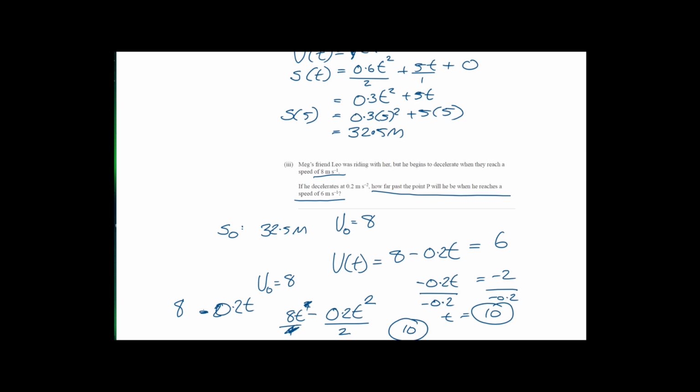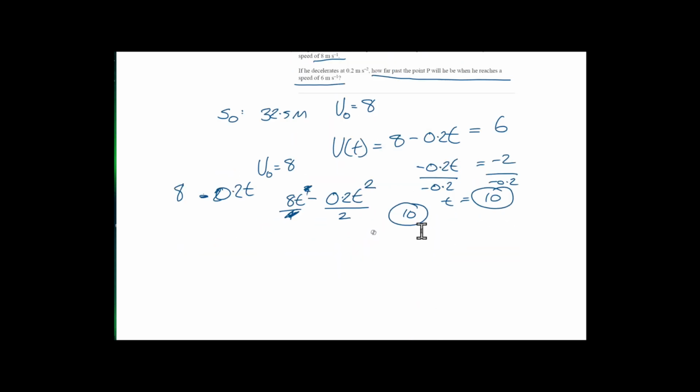I just checked, and all my algebra is correct. So 8 times 10 minus 0.2 times 10 squared over 2. That's going to be 80 minus 10 equals 70 meters.